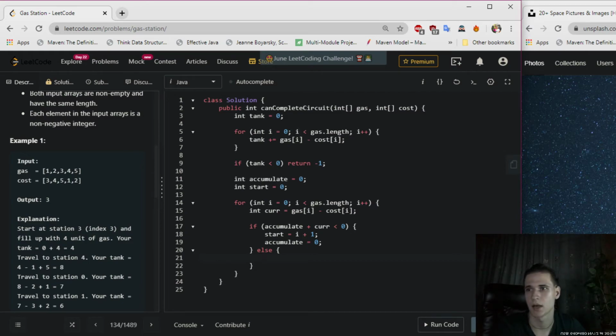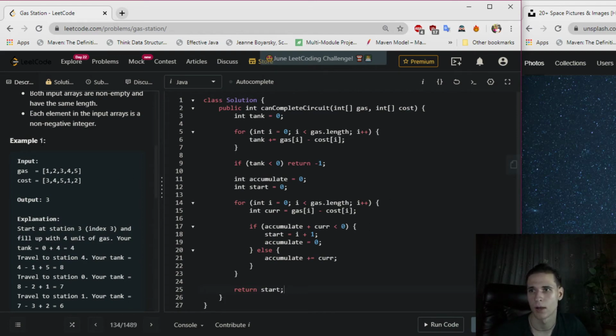We just update our accumulate. We say accumulate plus equals to the current gain, and finally we just return the position of the gas station.